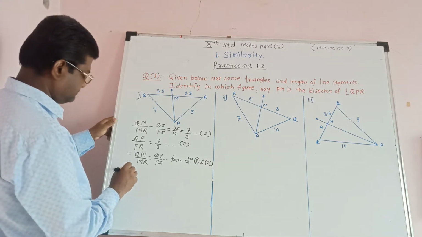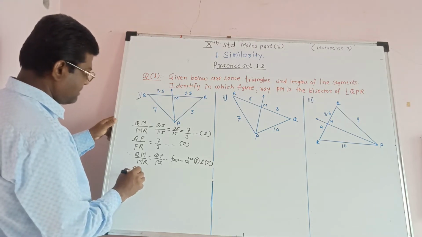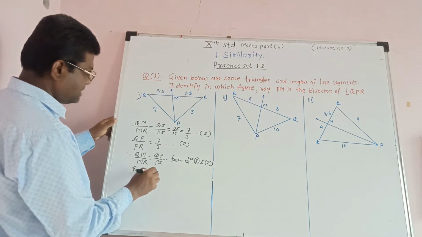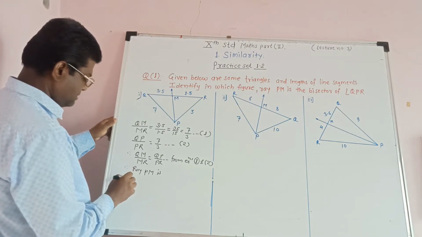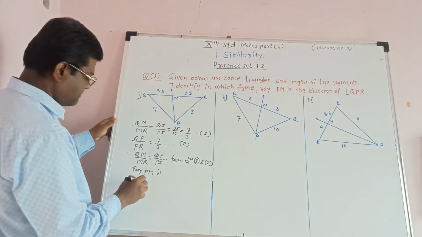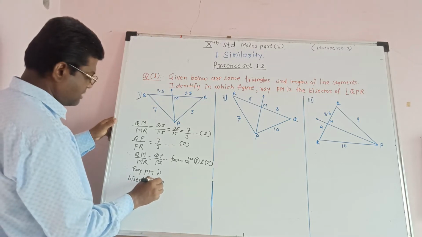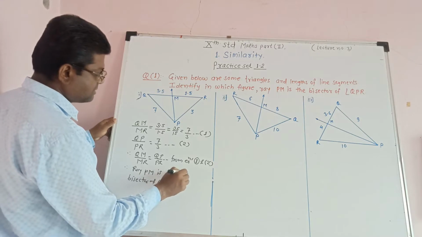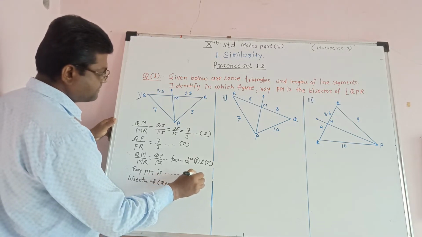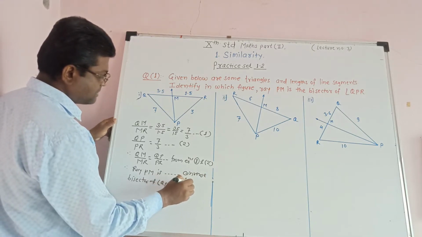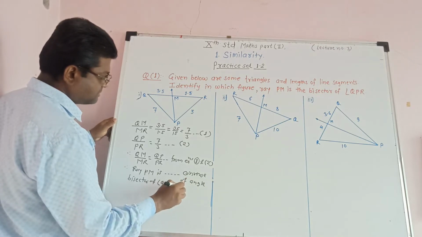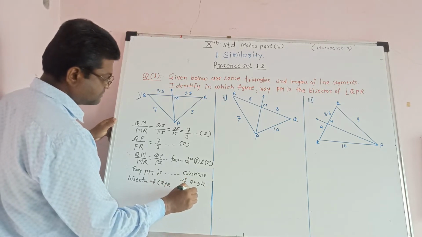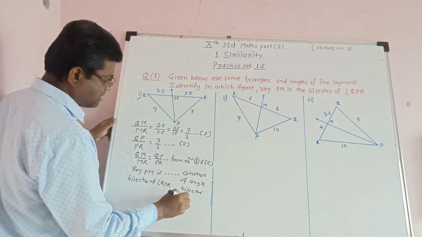Therefore we can write ray PM is the bisector of angle QPR, and here the reason is the converse of the angle bisector theorem.